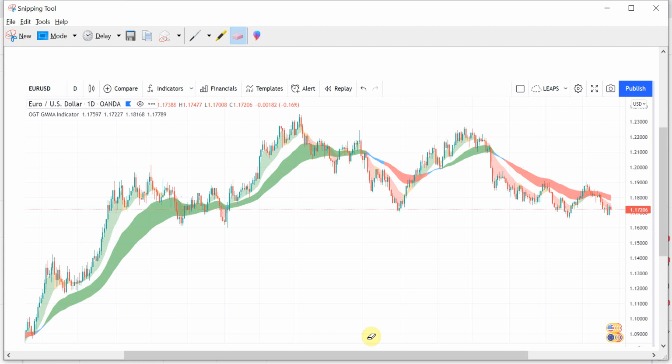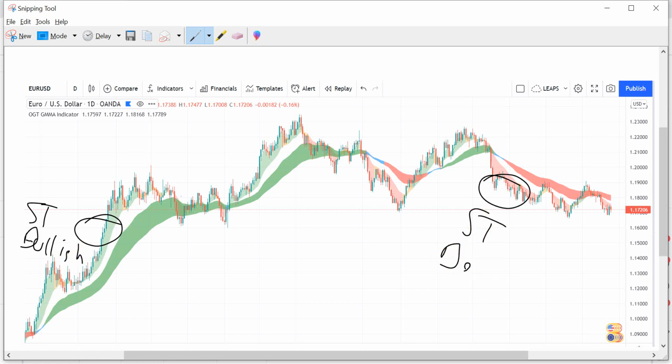So we have got light green and we've got light red. Whenever you see light green or light red, that means that the short-term investors or the fast-moving averages are aligned and going in the direction of the trend. So the short-term traders are what we're calling bullish, and here the short-term traders are bearish.